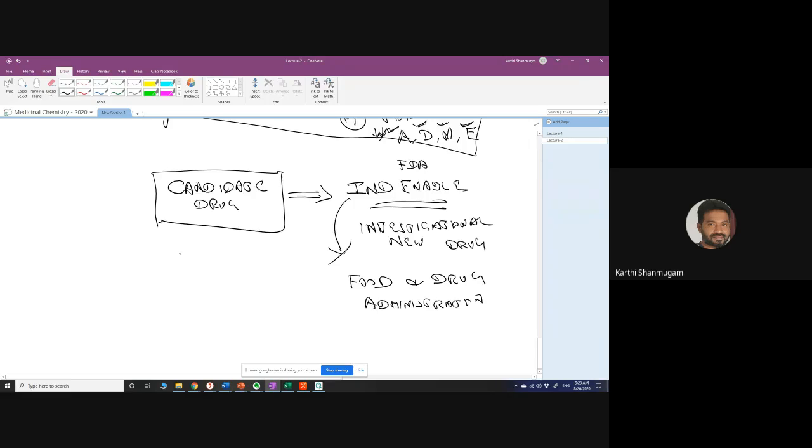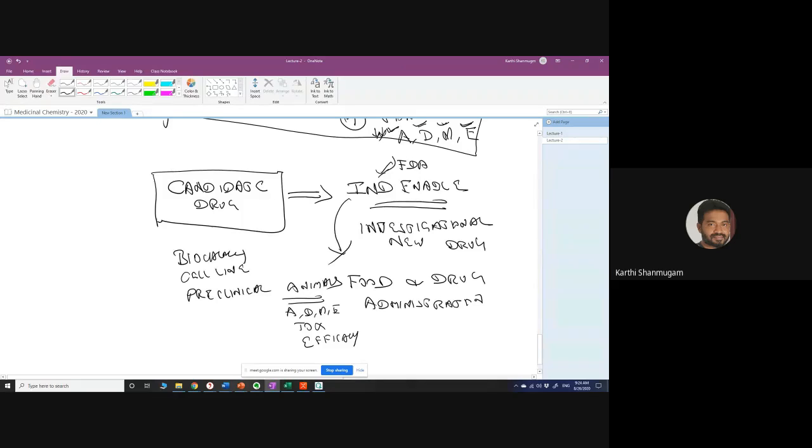Whatever experiments you have done with your biochemical assays, with your cell line assays, with your preclinical studies with the help of animal models, like absorption, distribution, metabolism, excretion, toxicity studies, efficacy studies, all those details should be submitted to FDA through the application called as IND enable, investigational new drug.